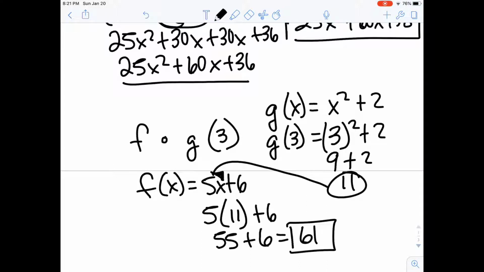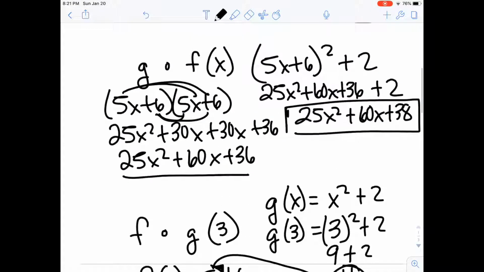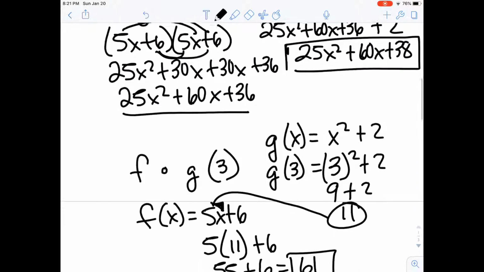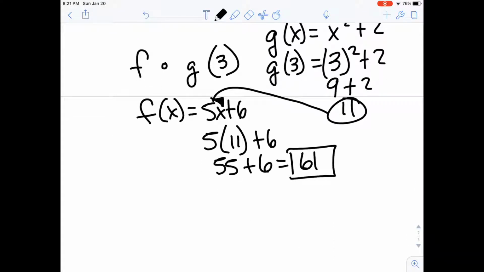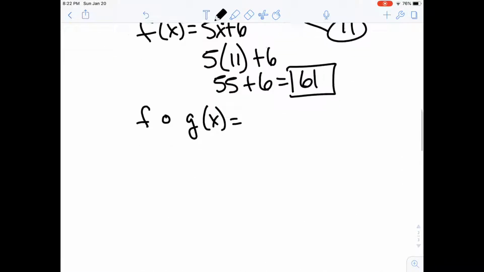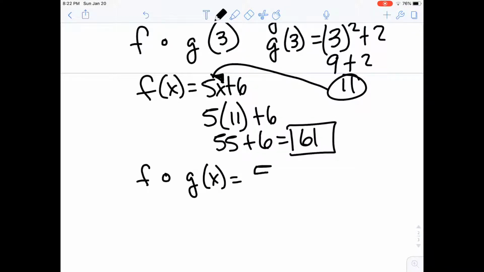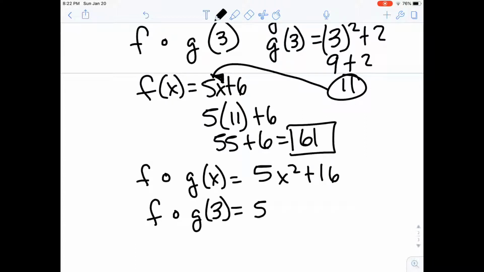Now, some of you may be saying, well, you already found what f of g is. F of g from above was 5x squared plus 16. Couldn't you just substitute it? And you can, right? So f of g of 3 equals 5 times 3 squared plus 16.